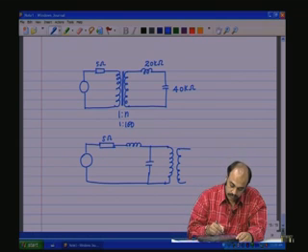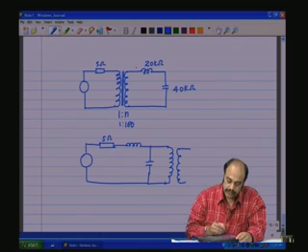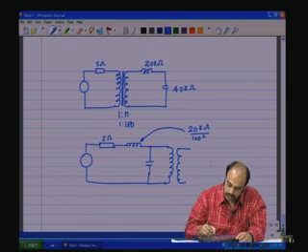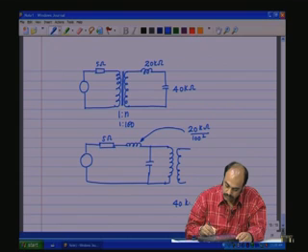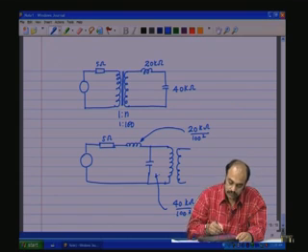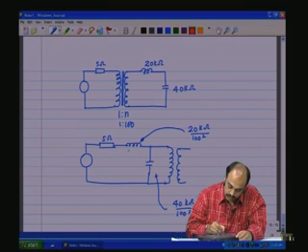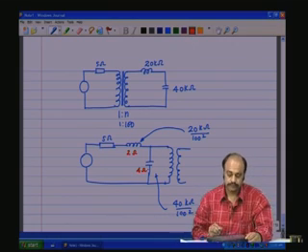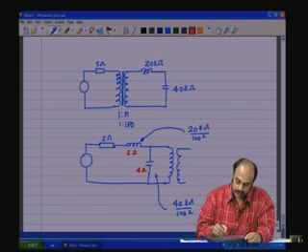And so the amount reflected will be 20 kilo ohms divided by 100 square will be here, 40 kilo ohms by 100 square would be here. So which means this would be 2 ohms and this would be 4 ohms.